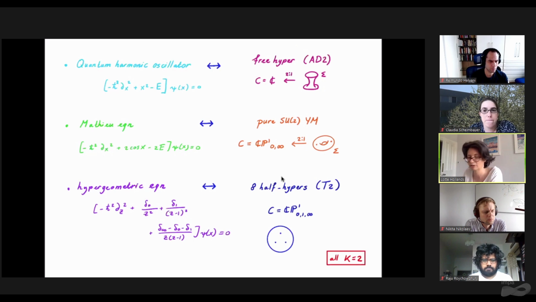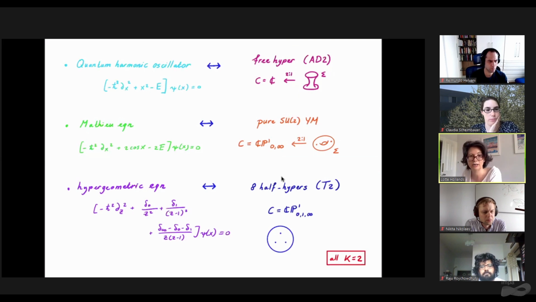So just the theory of a free hypermultiplet, which is sometimes also called the T2 theory. The spectral curve or the Seiberg-Witten curve for this theory, you can find it by looking at the semi-classical approximation of this differential equation, and then it gives a degree 2 cover over this complex plane.